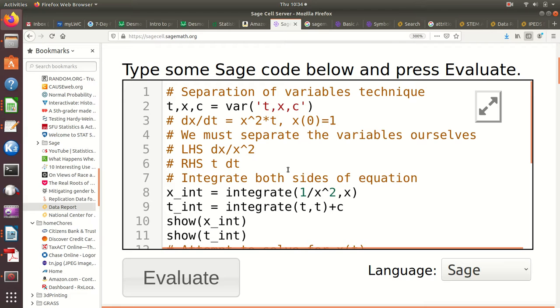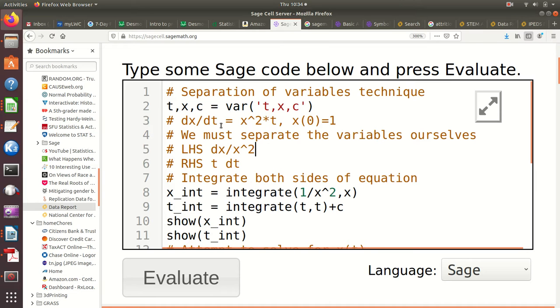And notice this is where our substitution of the differential comes in: dx is equal to dx/dt times dt.